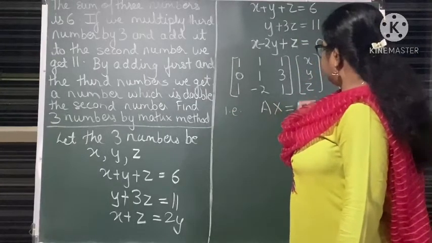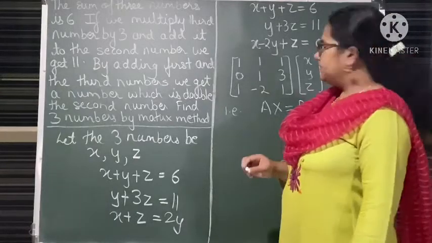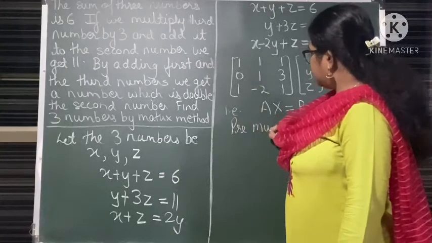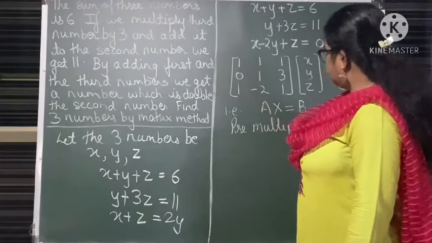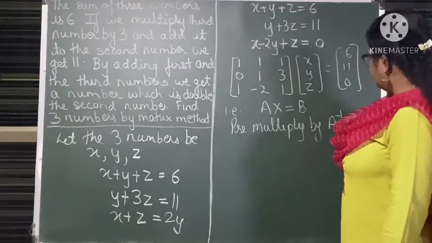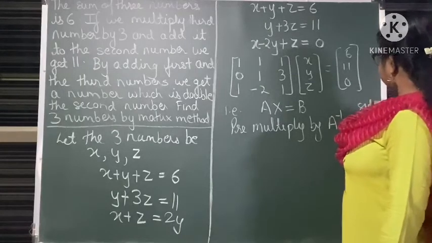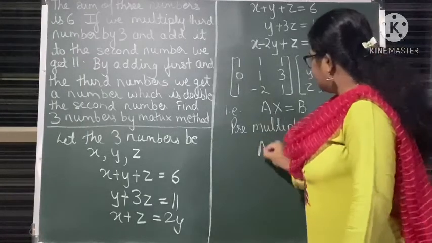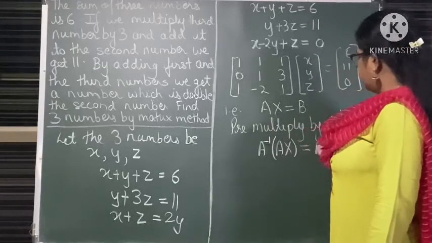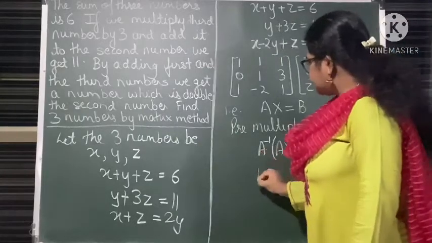That is AX equal to B. Now we are solving this by inversion method. So in inversion method what we do? Multiply by A inverse on both sides. So A inverse into AX is equal to A inverse into B. Matrix multiplication is associative.